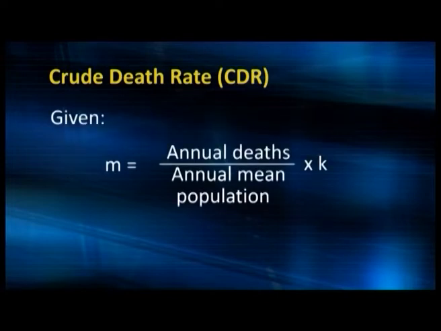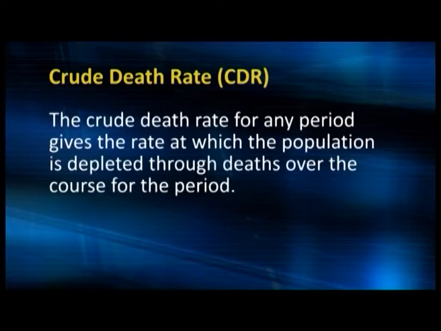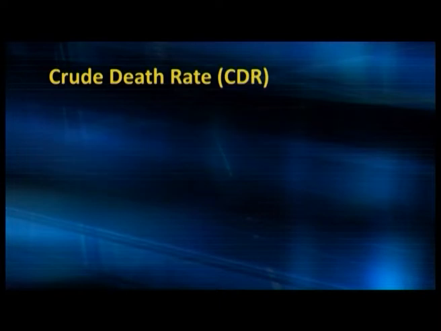It is given that M is equal to annual deaths divided by annual mean population into K, where K is equal to 1,000 usually. The crude death rate for any period gives the rate at which the population is depleted through deaths over the course of the period.